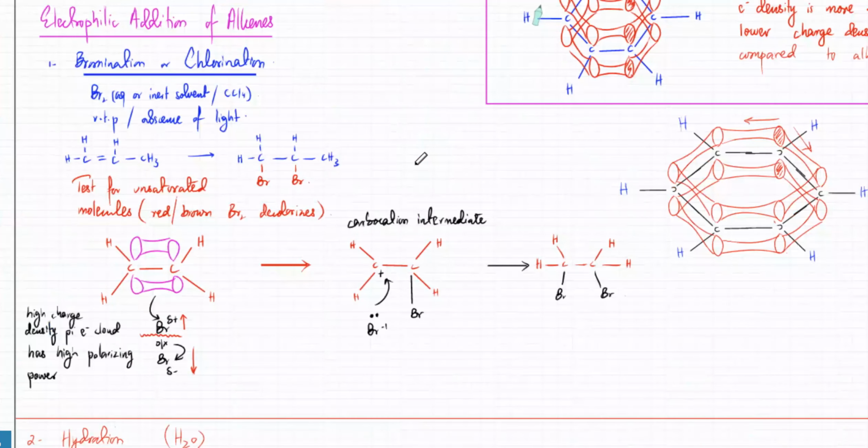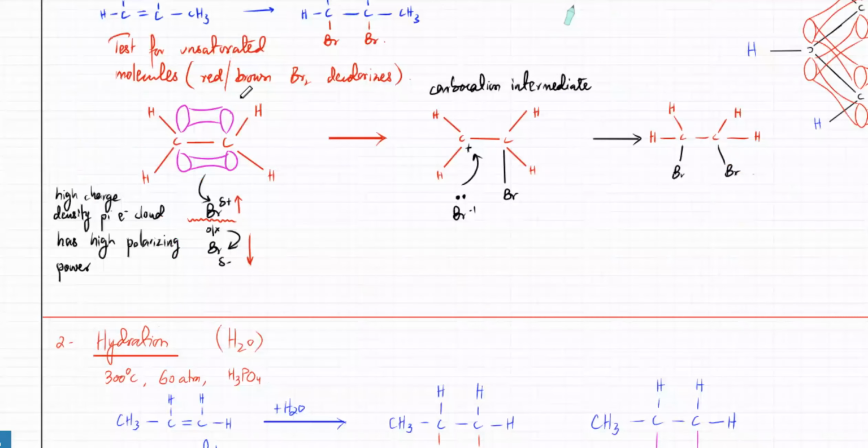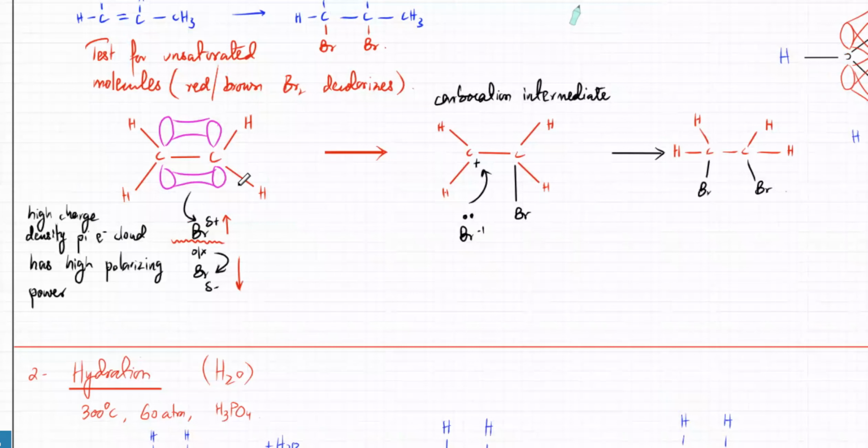And so that's where the difference happens. We did the first reaction, which was bromination. If you have a normal alkene, a pi bond has a very high charge density, so it polarizes the bromine molecule. The electrons in the bromine molecule get repelled by the electrons over here, which is why this becomes negative and this becomes very positive, and the bromine positive gets attracted to the pi electron cloud, and the bromine bonds with it.